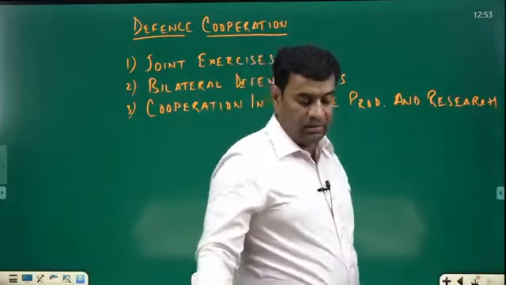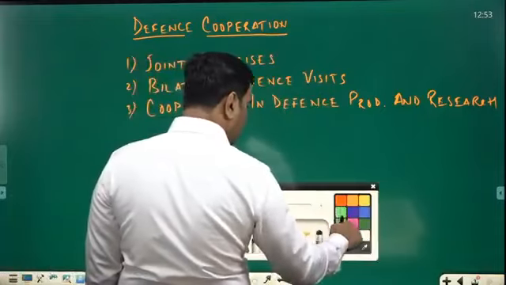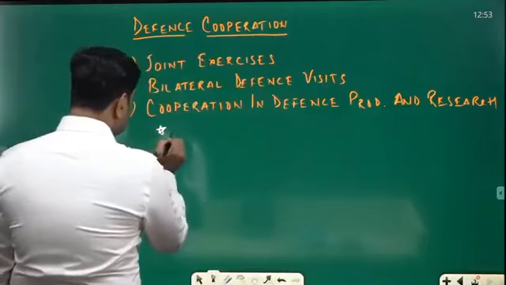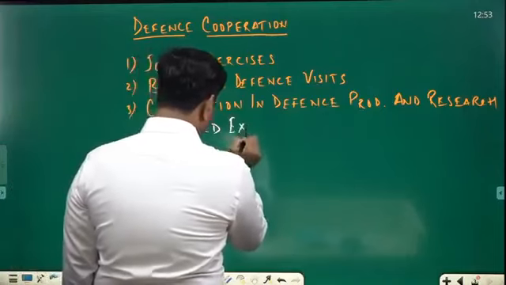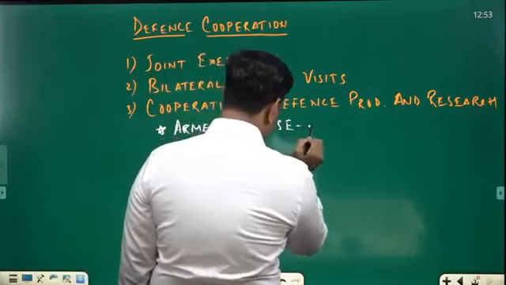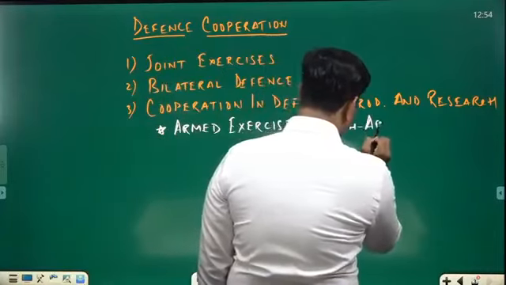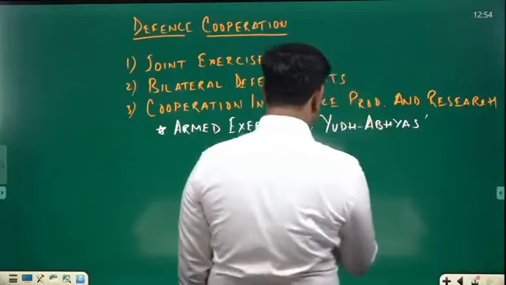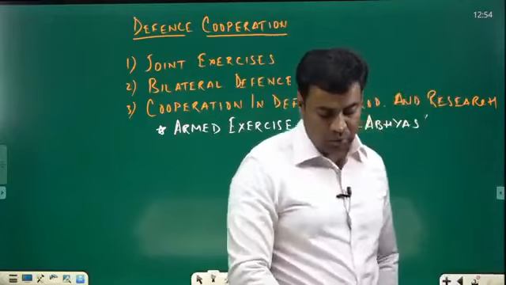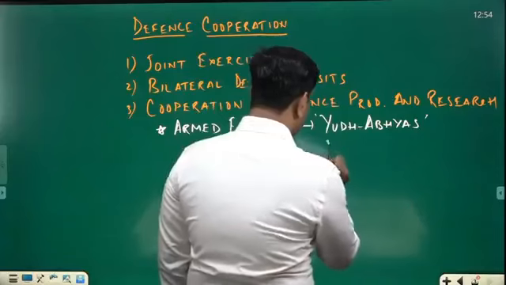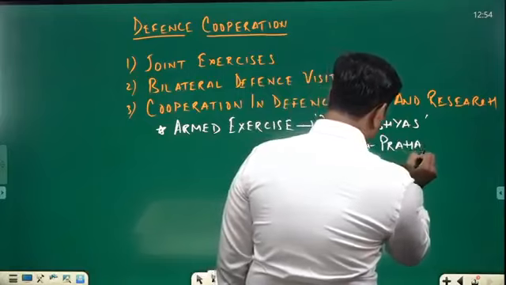Very important, clear? The joint army exercise between India and the United States is codenamed Yuddha Abhyas and Vajra Prahar.